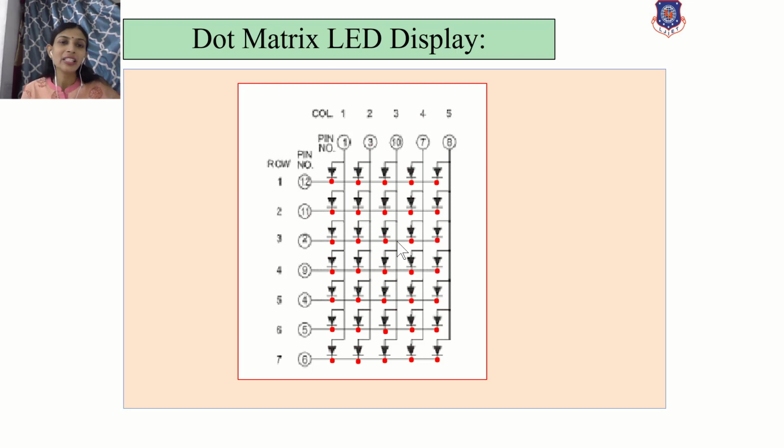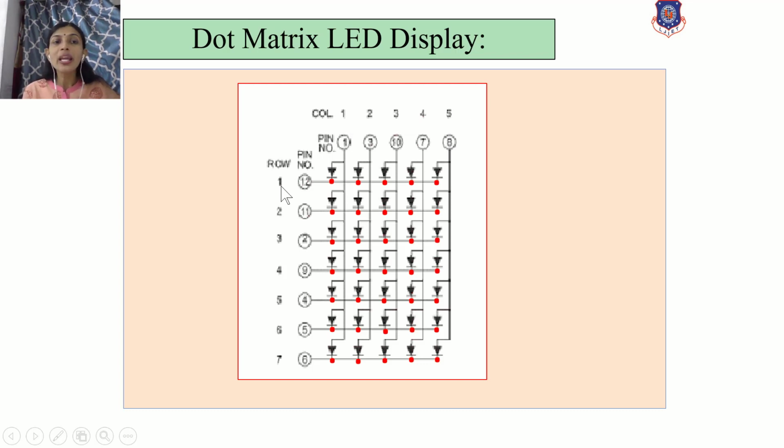Let us discuss the next component in the special purpose diode chapter, that is the dot matrix LED display. Look at this. It is one type of matrix, right? These are the columns. How many columns? 1, 2, 3, 4, 5.